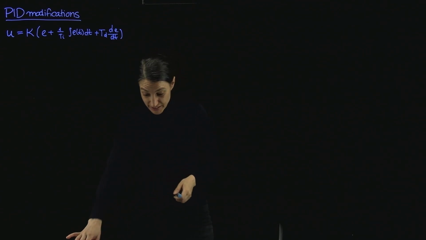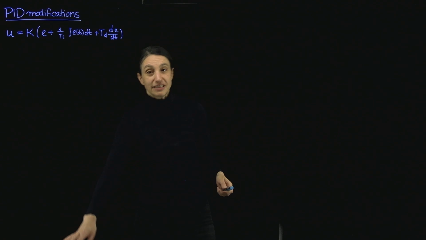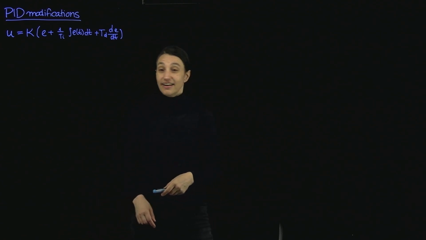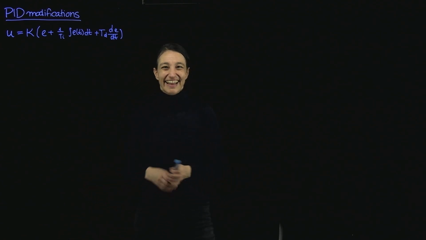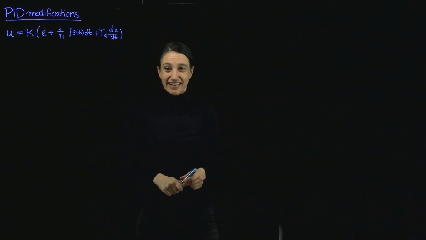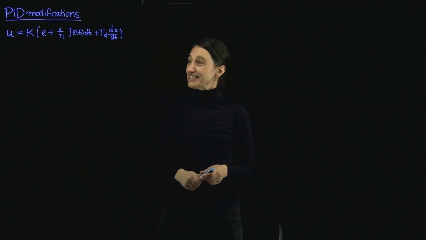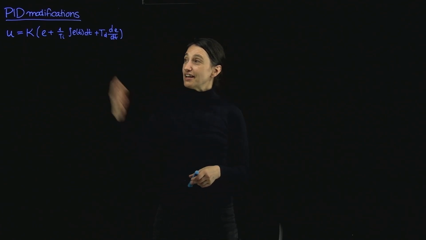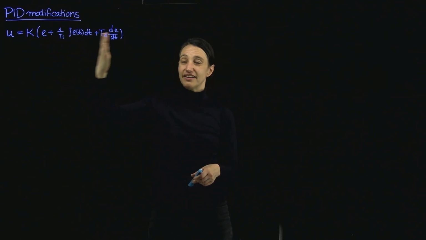The problem is that this is only the tip of the iceberg, and more importantly, it's not going to work. That algorithm is not going to work in practice, and I will tell you why. It's related to each and every part, P, I, and D.